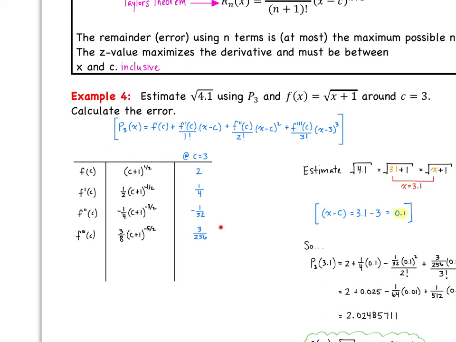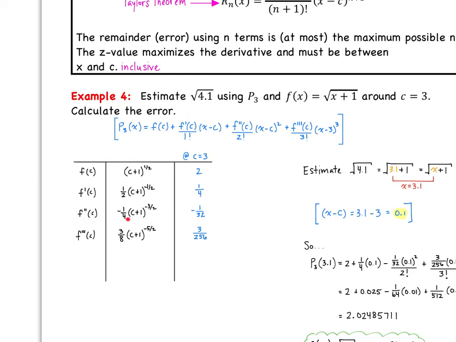So we do our table, evaluating at c equals 3. We know f of c is the square root of x plus 1, or c plus 1 to the 1/2. Evaluating that at c equals 3, we get 2. F prime of c is this guy here. When we evaluate that at c equals 3, we get 1/4.